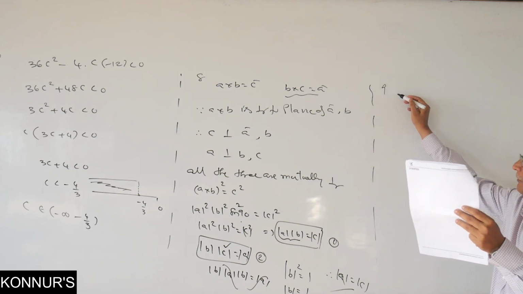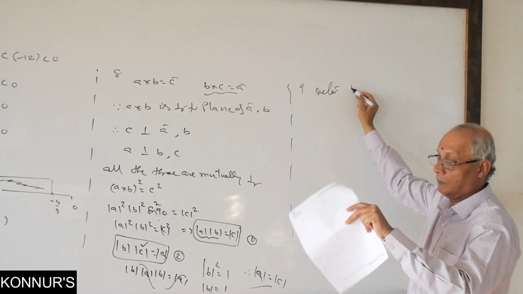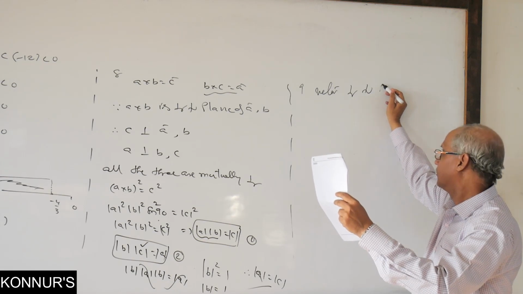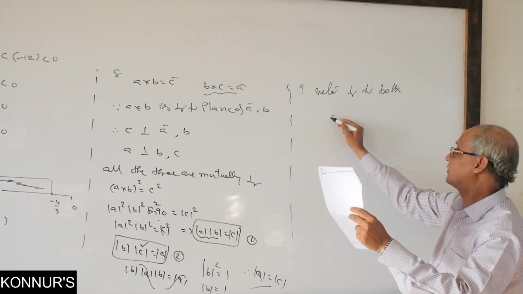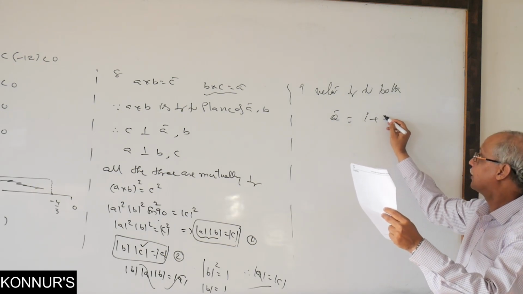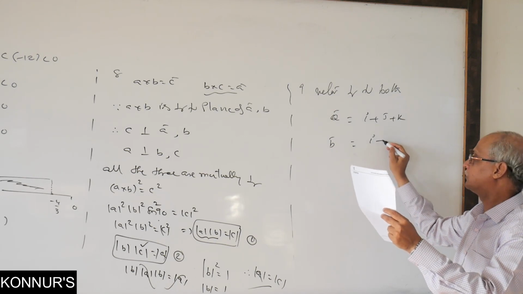Ninth, a vector perpendicular to both. What are the both? A bar is given as vector i, j, k. B bar is another vector, i plus j.